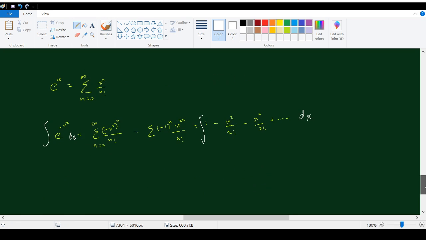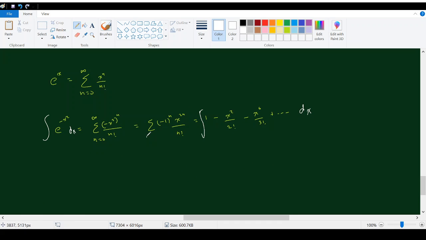Remember, I said in the very beginning when I introduced you to the power series, integrating this whole big power series is the same as integrating the terms and adding them up, right? So here what we do is integrating the terms separately and adding the whole series together, right?